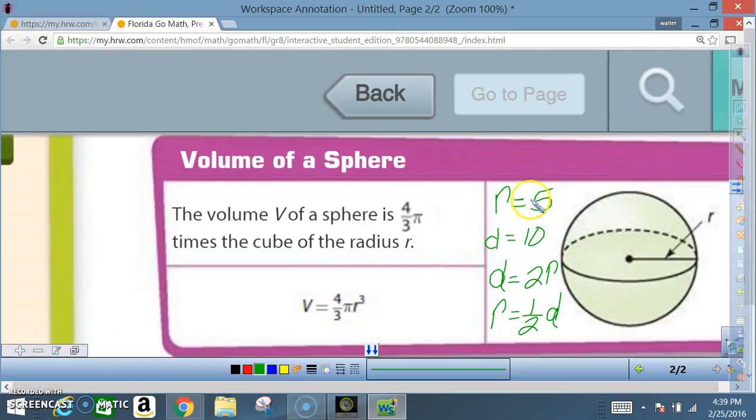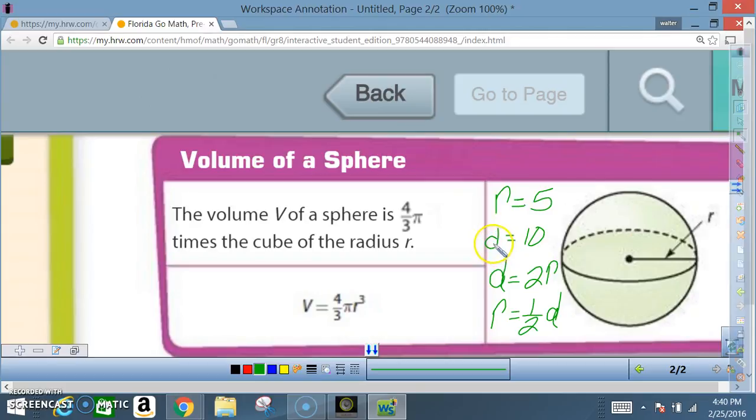So if I were to tell you that the radius was equal to 5, from here to here was 5, that means that the diameter would have to equal 10.